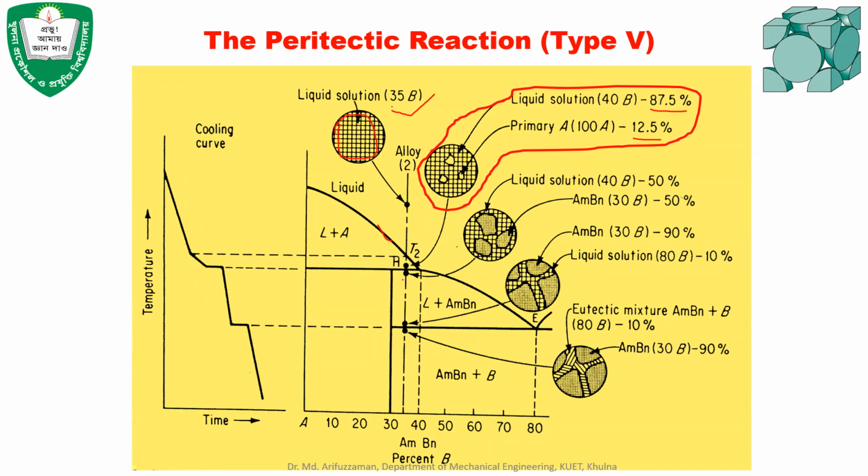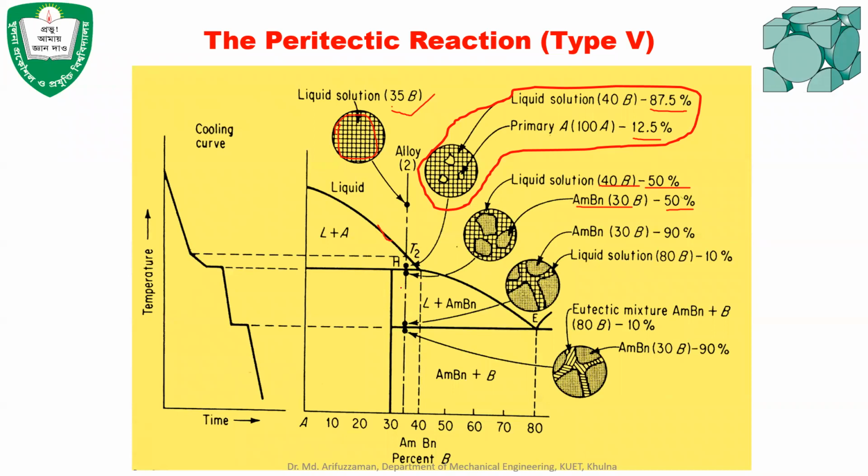And after the peritectic reaction, if we look at it carefully, the liquid solution will have 50% liquid of 40B, and the AMBN compound is 50%. That means the total primary A that has been produced before the peritectic reaction has reacted with some of the liquid solution to produce 50% AMBN, and 50% liquid solution will remain in there.